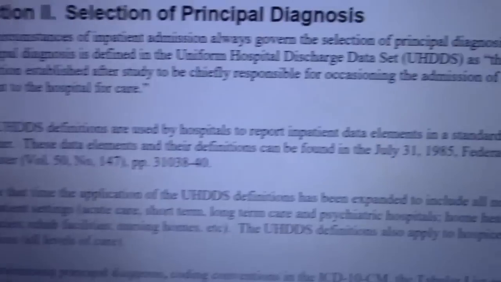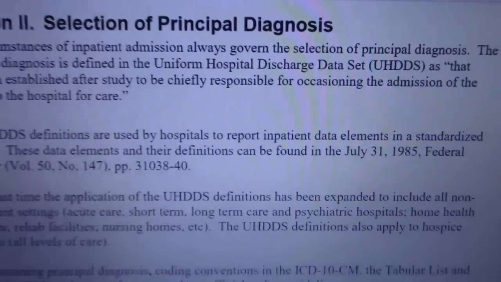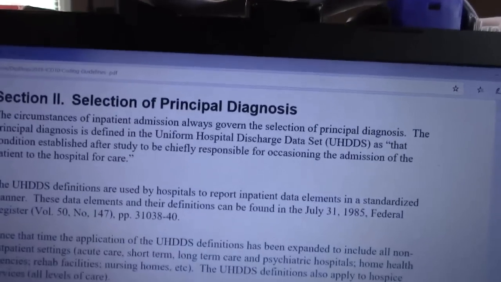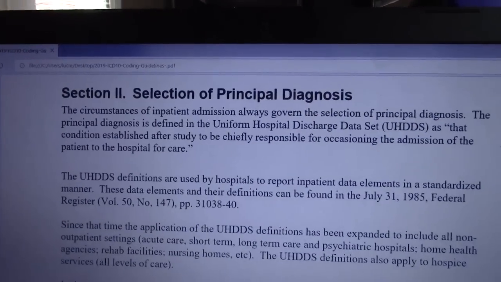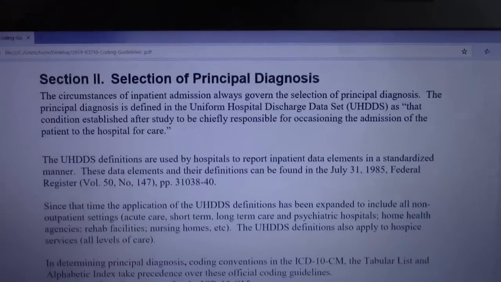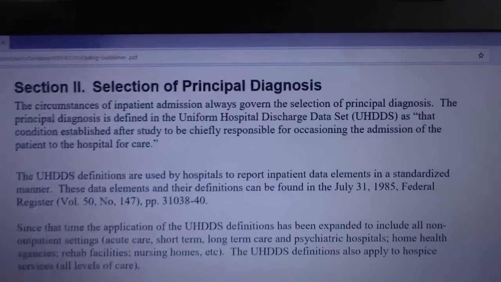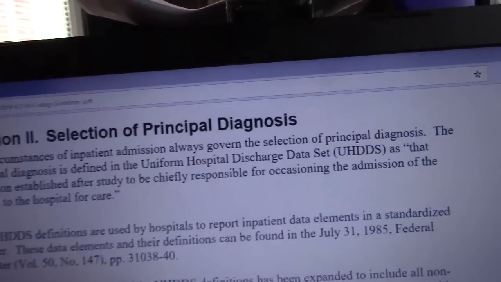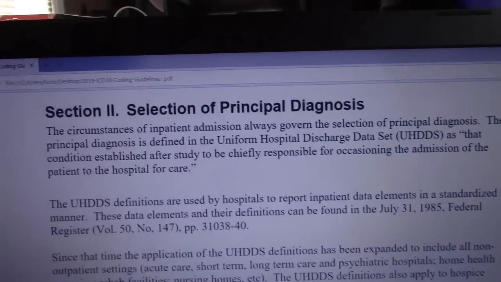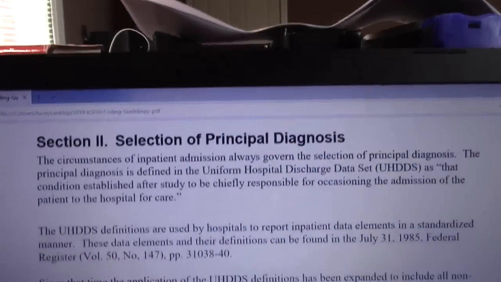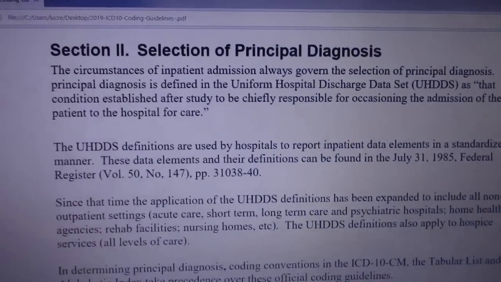If you look here, I'm in Section 2, and it says Section 2, selection of principal diagnosis. It's right there in your guidelines. We've been in Section 1 in my previous video studying with you. So let's look at it.